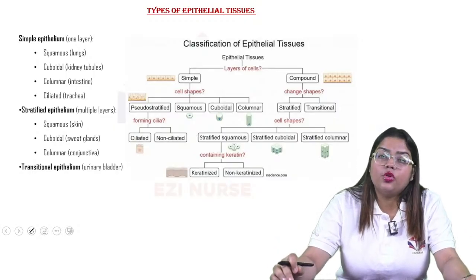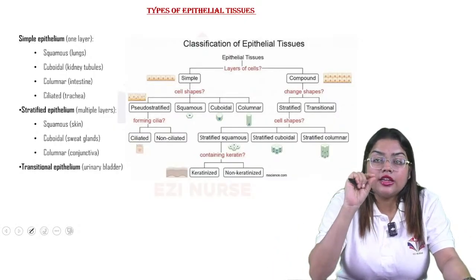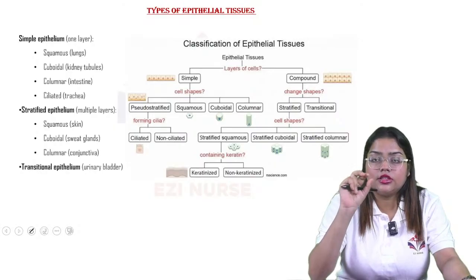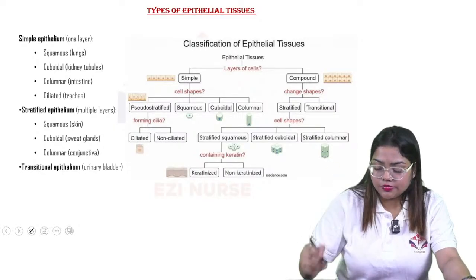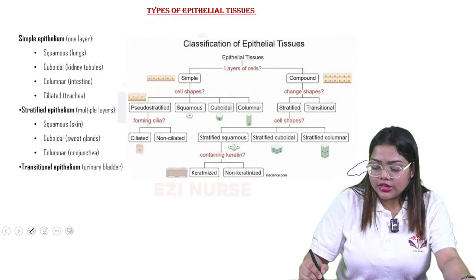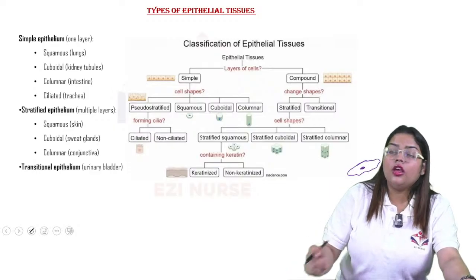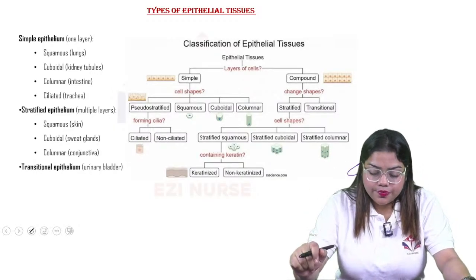Squamous cell is scale-like, like the scales of a fish, very thin cells. The cells are very thin and they have a small nucleus.